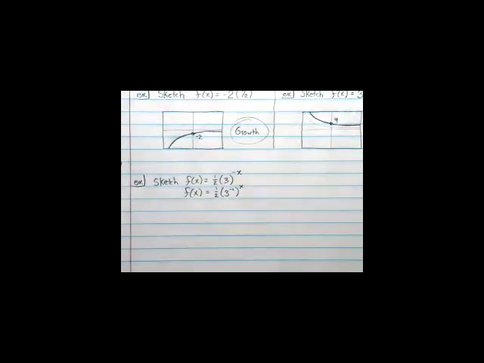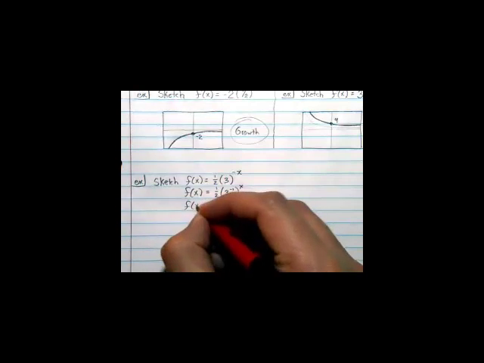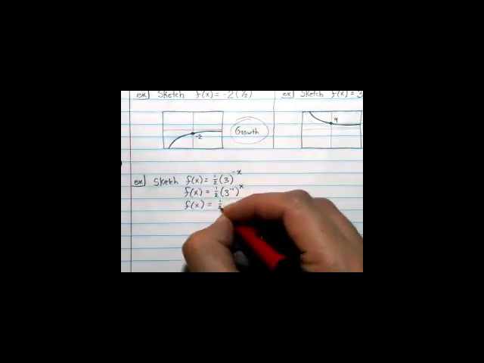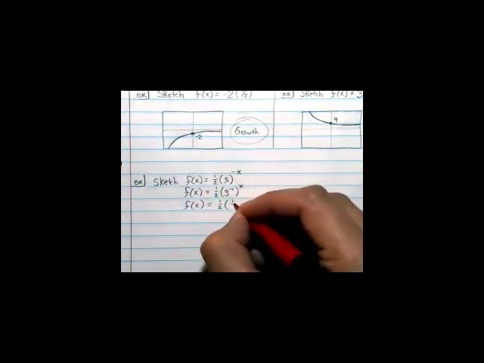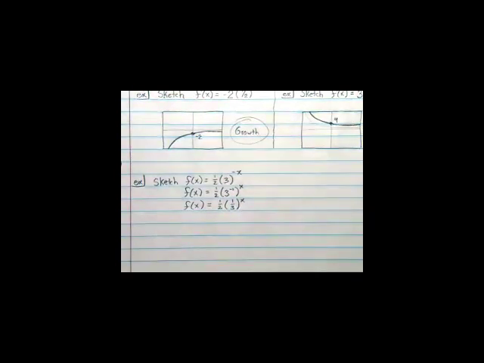Kind of doing that power of a power trick like we talked about before. But what is 3 to the negative 1? It's 1/3, right? It's not negative 3, it's 1/3. So what we actually have here is 1/2 times 1/3 to the x.